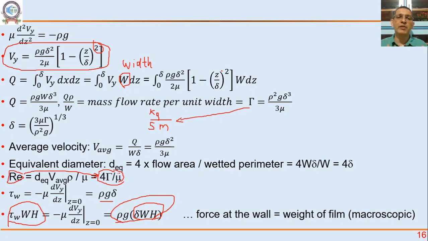How does the average velocity relate to the maximum velocity? All those are calculated directly from Navier-Stokes equation, from microscopic force balance. That's the beauty and advantage of Navier-Stokes equation. Whatever you need, you can get from Navier-Stokes equation.